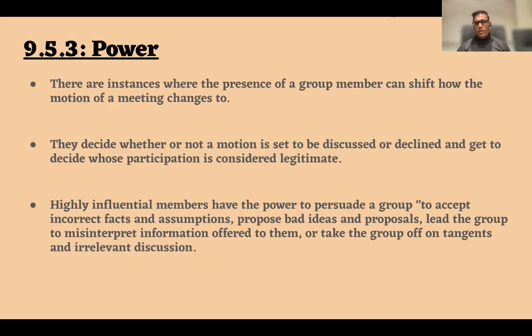He's probably the leader of the group, or someone experienced who has a say in how the motion is supposed to be set, and he has the power to make decisions on how a resolution proposed can be accepted or declined. So indirectly, power is similar to politics, but at a highly influential level.